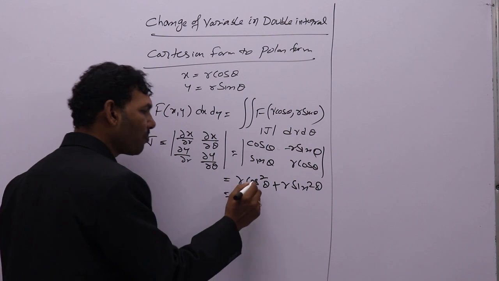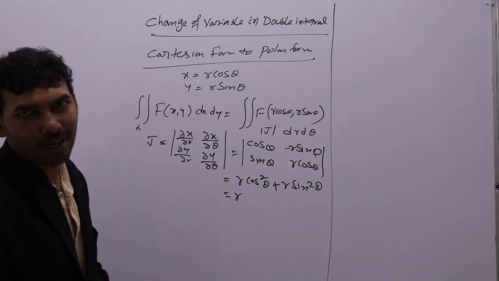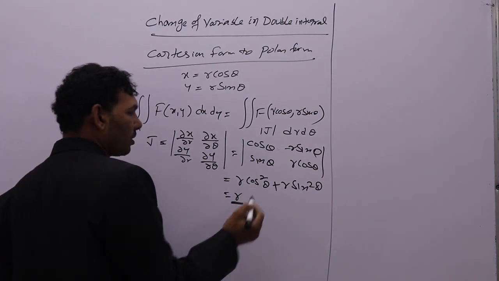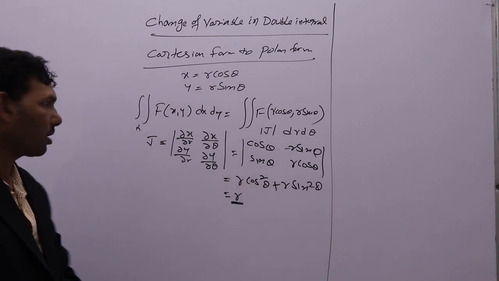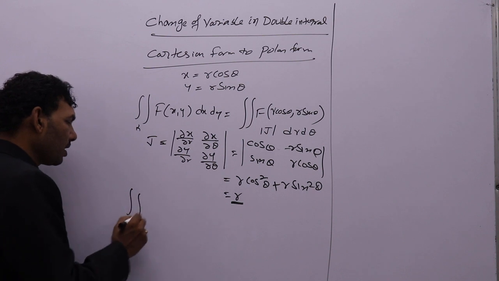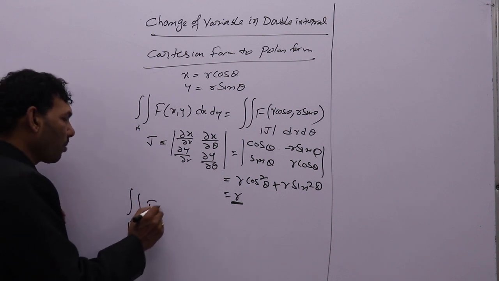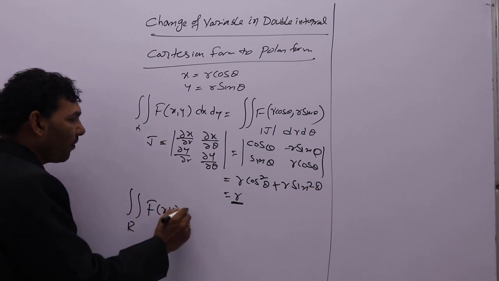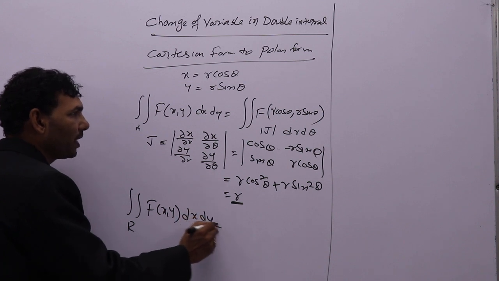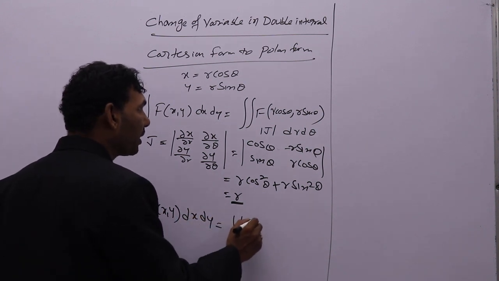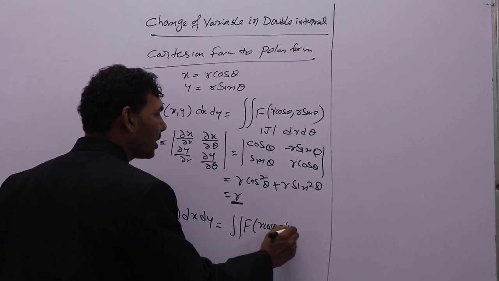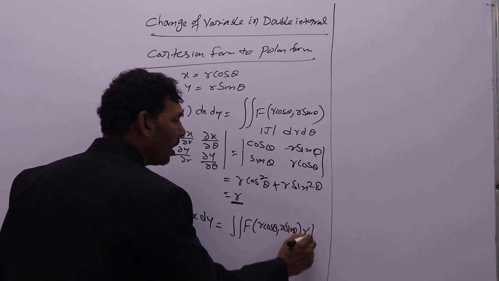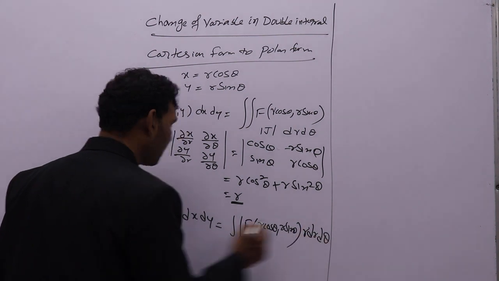If you take r common, what will you get? Cos square theta plus sin square theta will be 1. Then the Jacobian will be r. Then what I am saying, this is the standard formula: f of x y dx dy equals double integral f of r cos theta comma r sin theta r dr d theta.